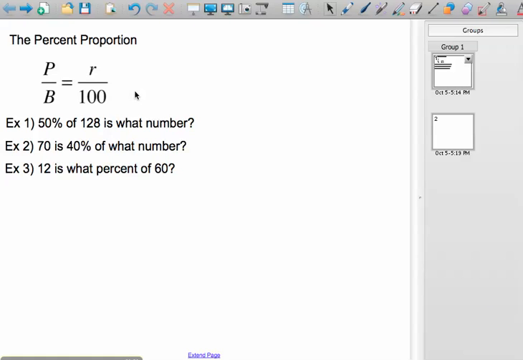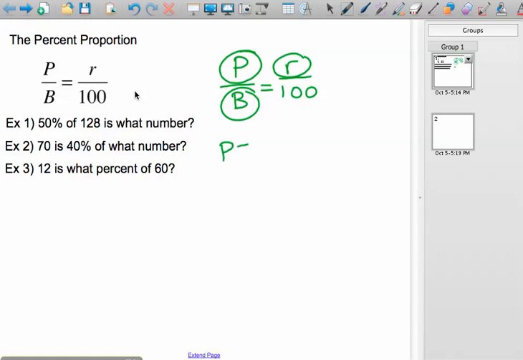Now, what we're dealing with here is the percent proportion. What we have, I'll write it over here, is P over B equals R over 100. Remember what we talked about: all these letters are variables, and they represent something in the percent proportion. The P represents the percentage. Now I don't mean the actual percent, like we were just talking about.